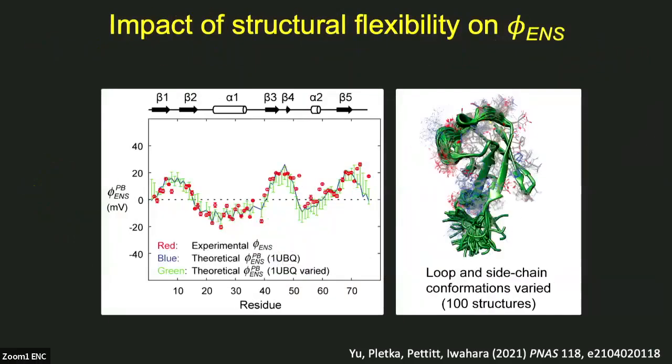And to test that idea, we generated 100 structures. And for each structure, we calculated phi ENS for individual residues. And here, the green bars show average and standard deviation of such calculated phi ENS values. As you can see, some of the deviations can be explained by this kind of structural flexibility.